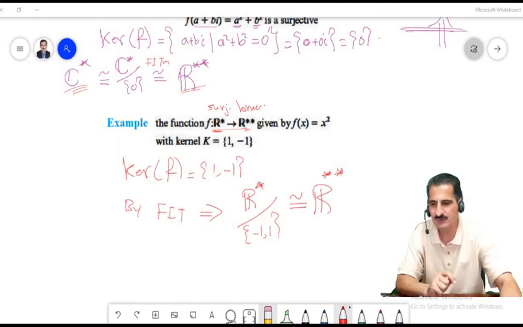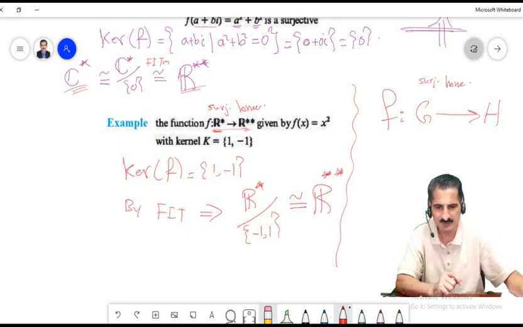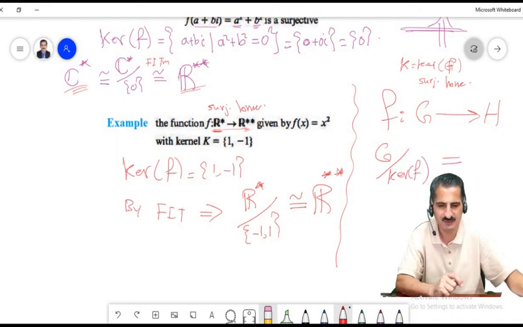I would like to emphasize it: if we have F from G to H, which is a surjective homomorphism with K equal to the kernel of F, then G over the kernel is always isomorphic to H whenever we have surjectivity.